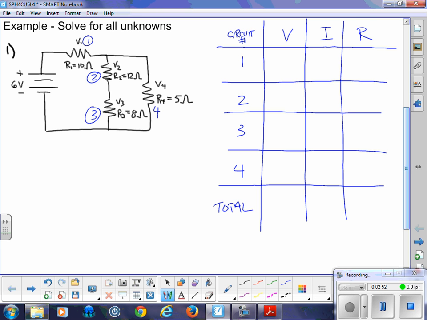So let's look at this circuit and fill out what information we know. We know the battery is a 6-volt battery. That's given information. That is our total voltage, so that's going to go in the total column for our voltage. Moving my way around, I know that the resistance at circuit 1 is 10.